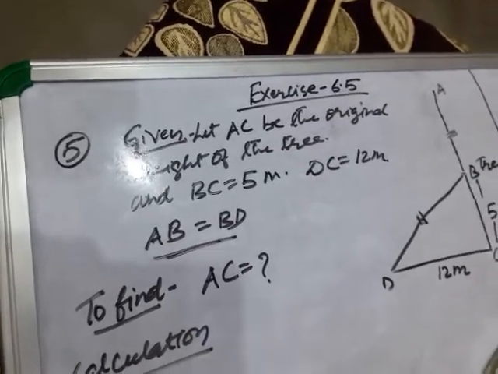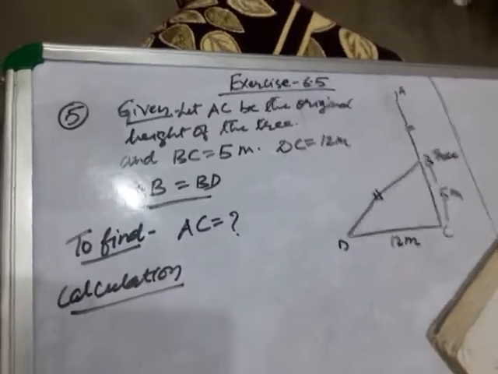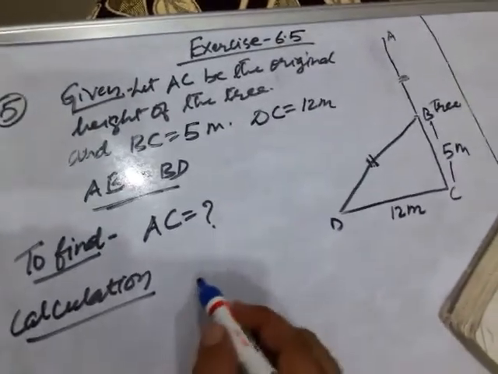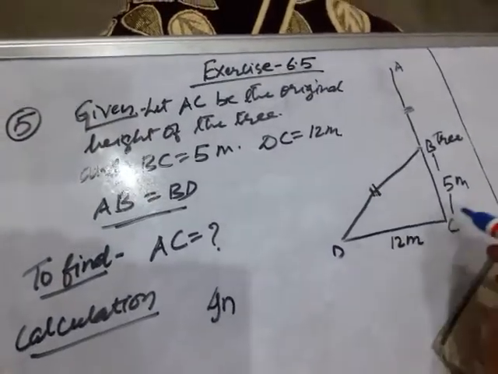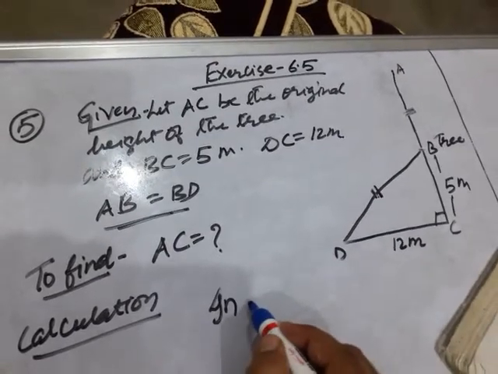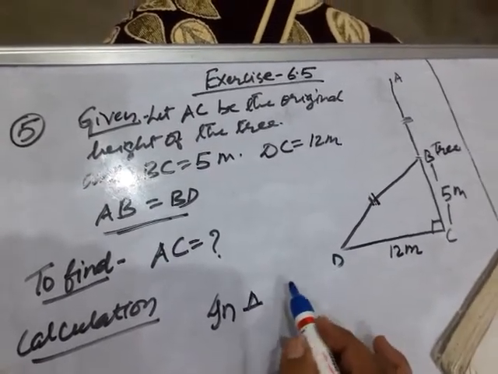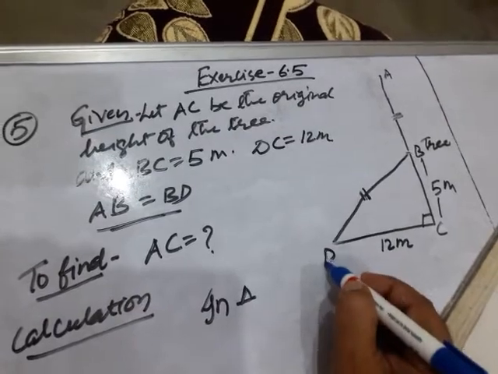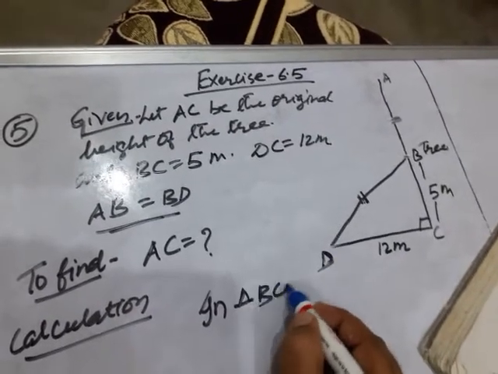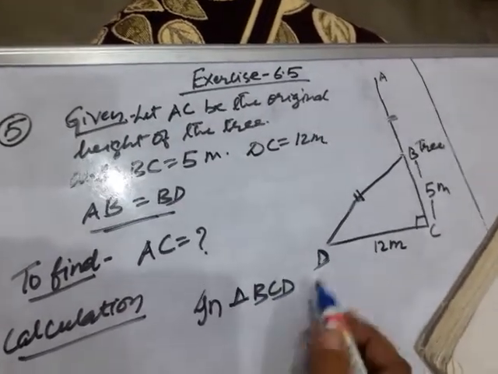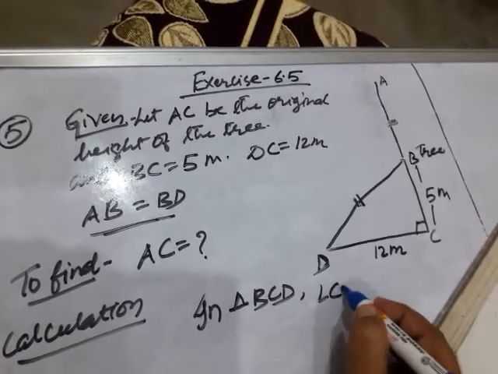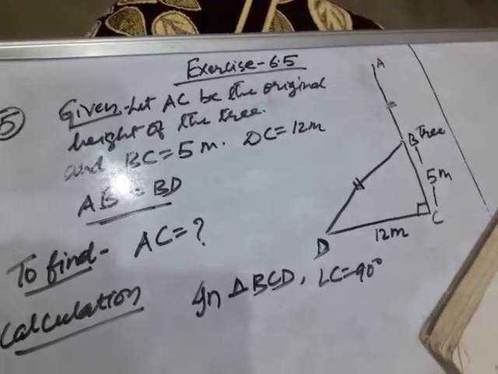Children, here, now in triangle BCD, angle C equal to 90 degree.